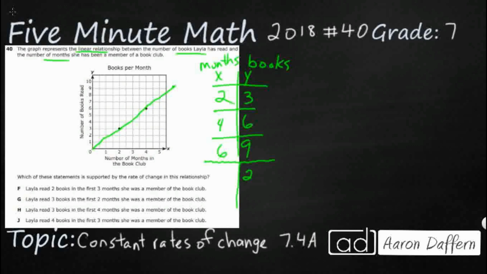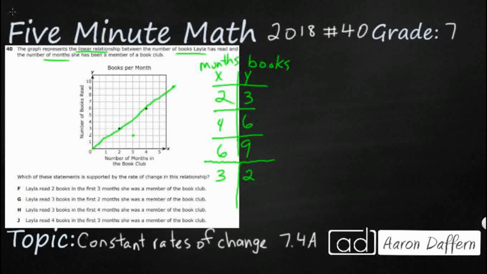Okay, so I'm going to put my books right here on my Y, in the first 3 months she was a member of the book club. Look, they're actually giving you the Y coordinate first. That's the trick. So 2 books, I'm going to do a Y of 2 and an X of 3.